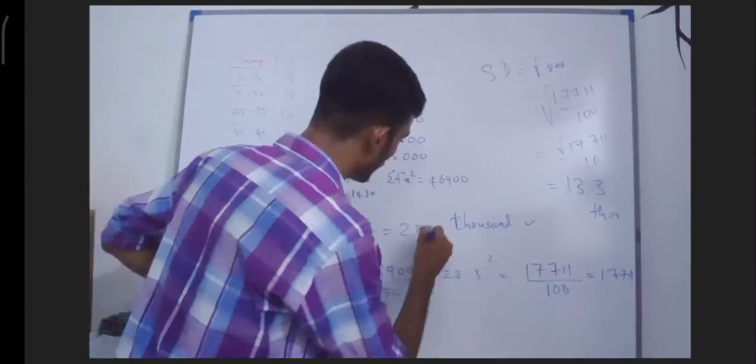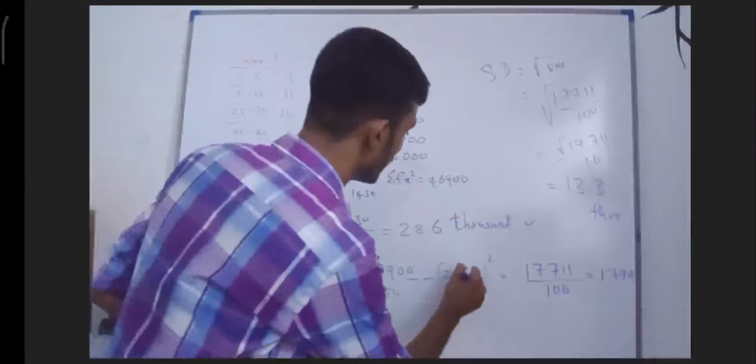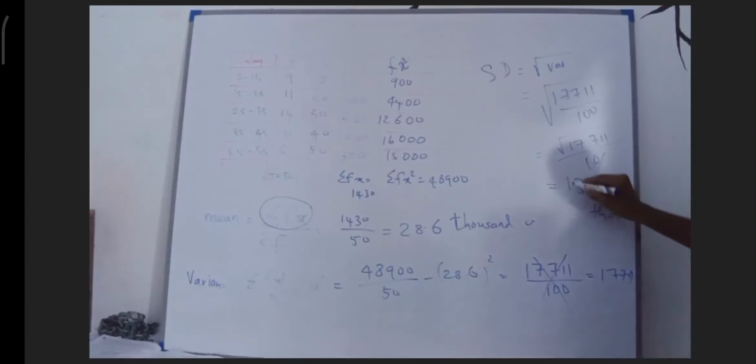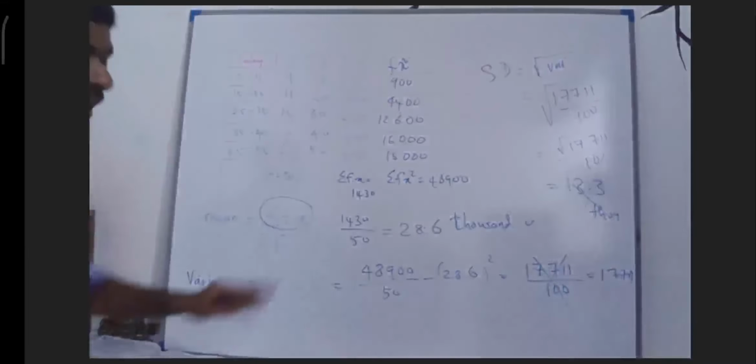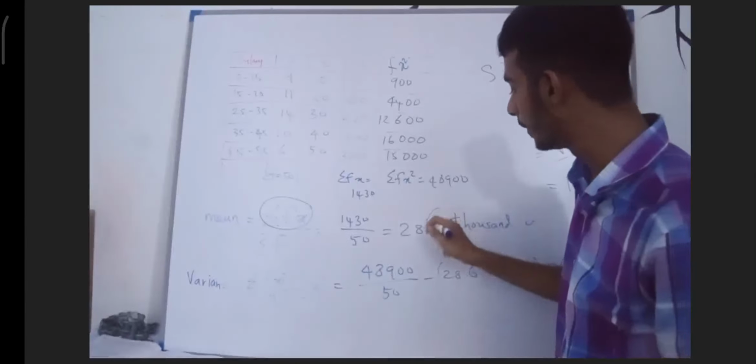It should be 28.6. That's why I ended up with a wrong answer. If I substitute this value here, and here also the value is not this one, ultimately you will get the answer. In this video I have just told you the idea of how to approach this question, but I made a mistake.